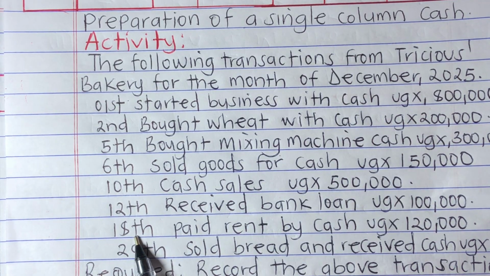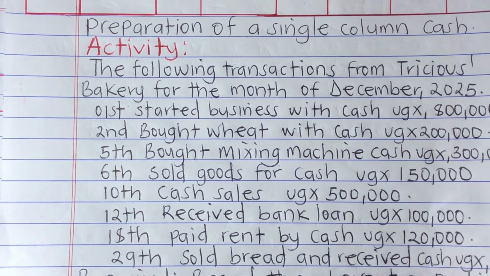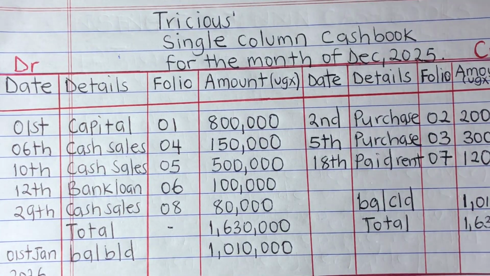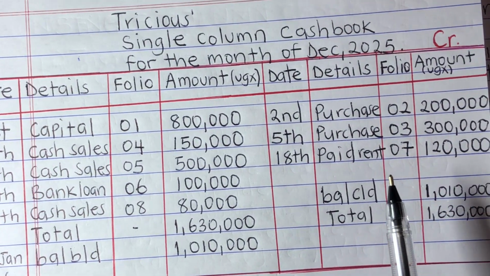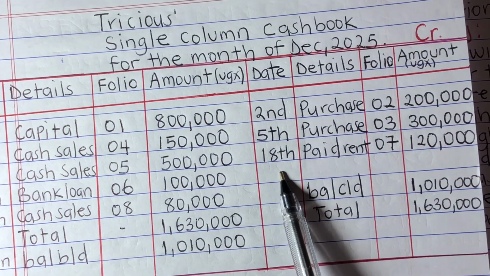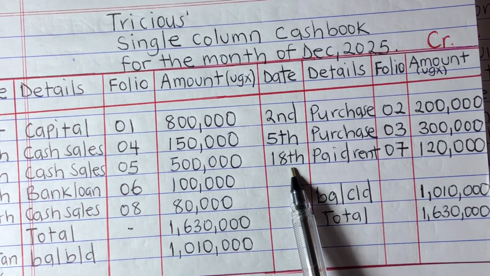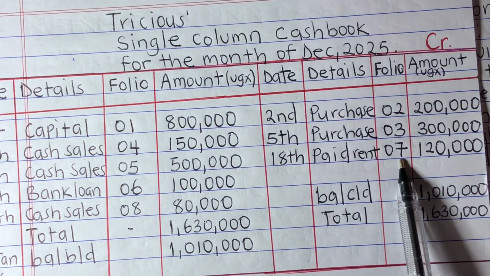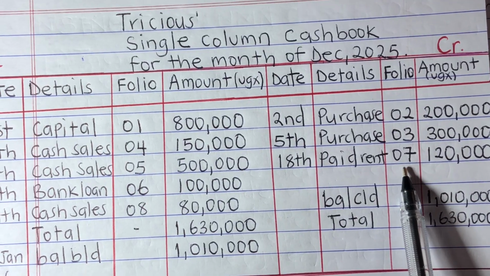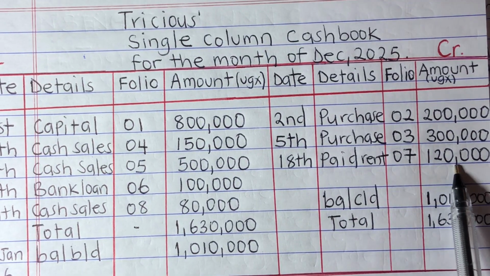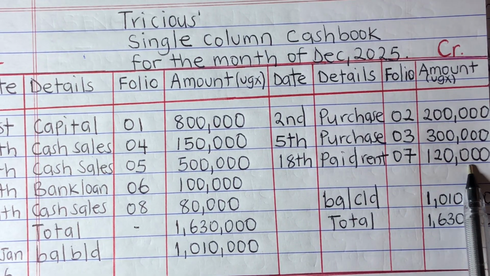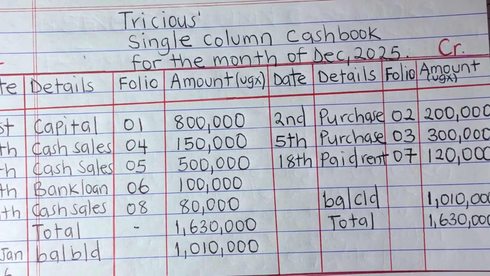Meaning 18th was a credit transaction because the business was losing out money for payment of rent for the business. So we record the 18th transaction on the credit side of the cash book. So it is 18th, paid rent, let's give it folio number 07, and the amount is 120,000 because it is a credit transaction.